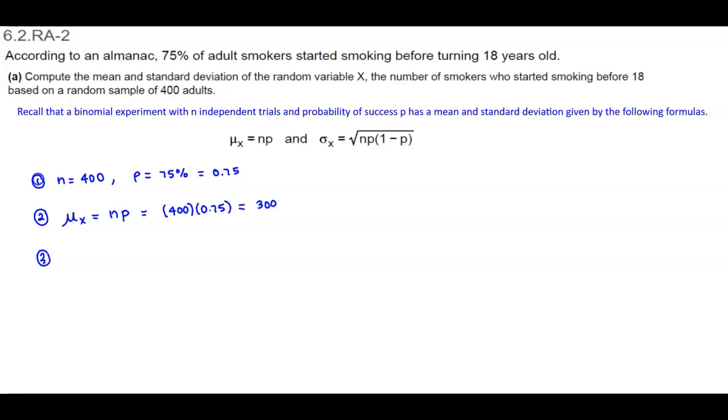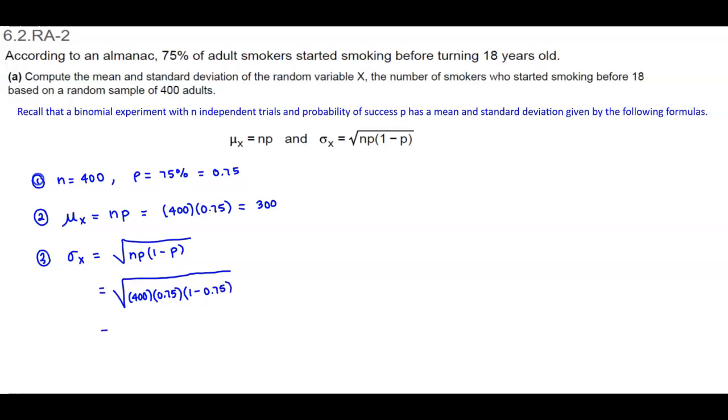So what is the formula for the standard deviation? The standard deviation is going to equal the square root of n times p times 1 minus p. So that's going to equal the square root of n, which is 400, times p, which is 0.75, and then we multiply that by 1 minus 0.75.